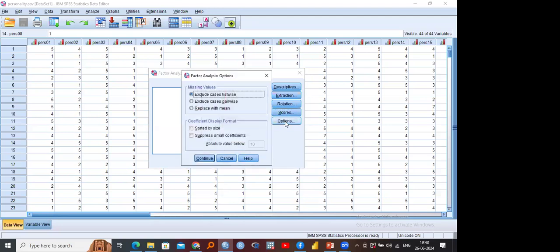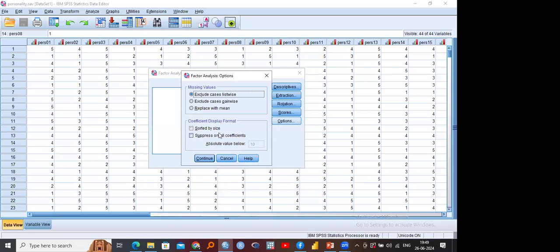Then click on Options. Now in the option, right now, I am not clicking on any option. But later on, I will show you how easy it becomes if you click on this option, Sort by Size.